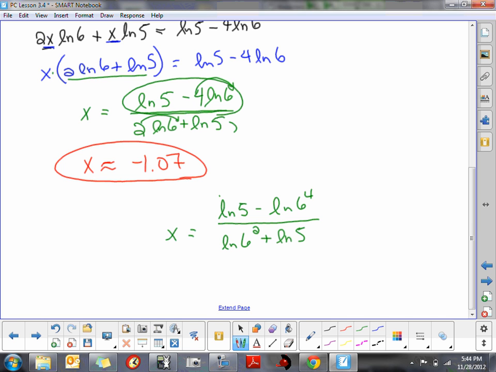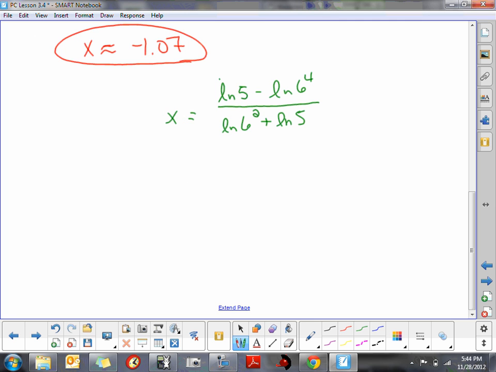Okay, so then what they did is they apply a quotient rule and a product rule. So here's our quotient rule. The log of a quotient is the difference of the log. So I see the difference of the log, so I can write it as 5 divided by 6 to the 4th power, and I can calculate that in a moment. Divided by the natural log of, so 6 squared is a little bit easier, 36, plus the natural log of 5, so anytime it's addition, it's the product rule, so times 5.